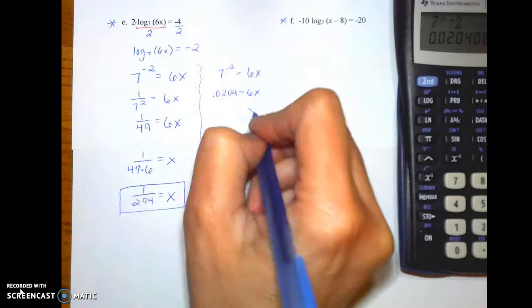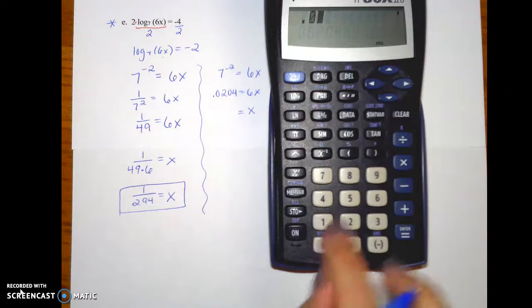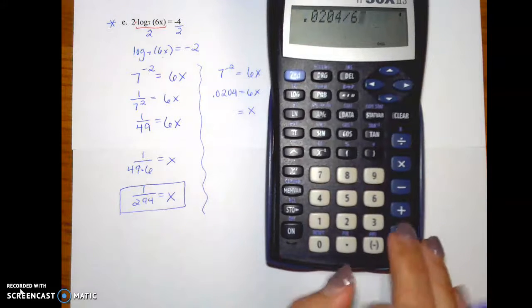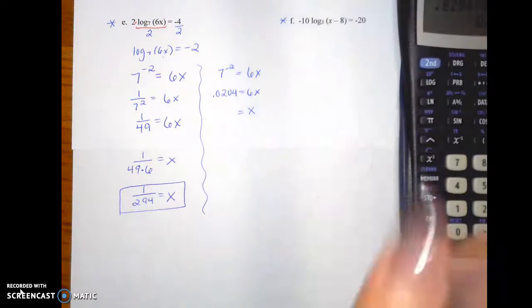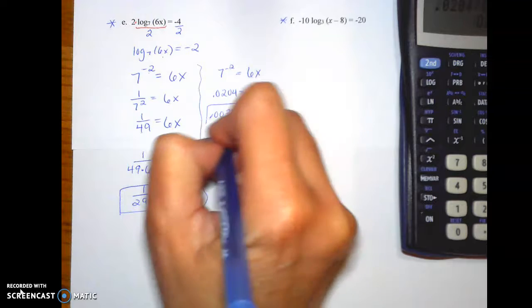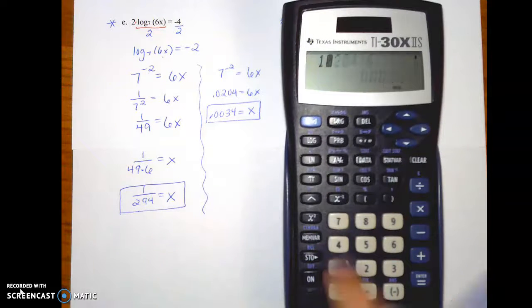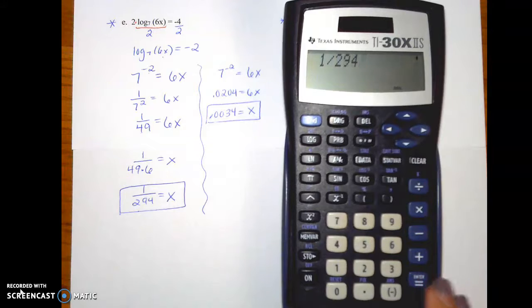And now we can divide both sides by 6, and you have 0.0204 divided by 6, and you get 0.0034 as your answer. Which you'll see if you also take a look at 1 divided by 294, that's also 0.0034. So either way you want to do it is fine.